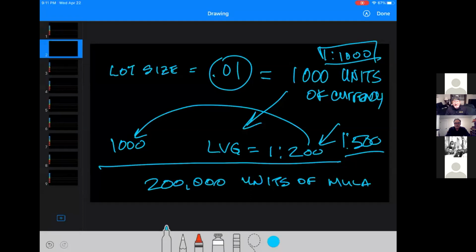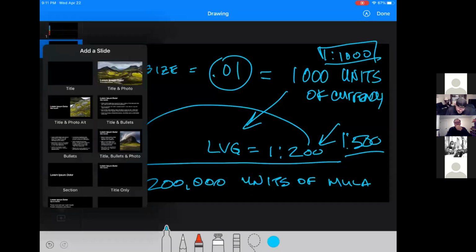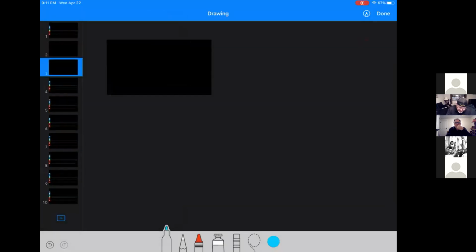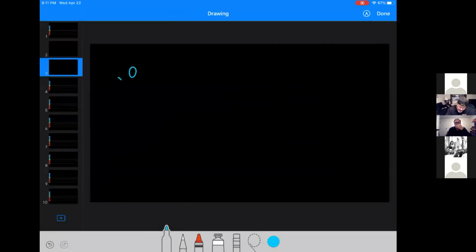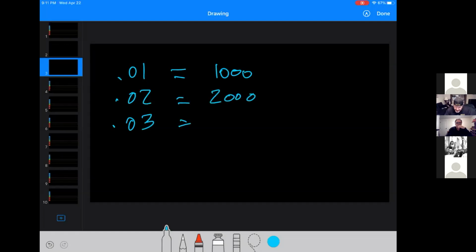So that's what a lot size is. Let me add another screen. So let's do this. 0.01, 0.02, 0.03, right? That's 1,000. That would be double. 2,000. That would be triple. 3,000. All right.